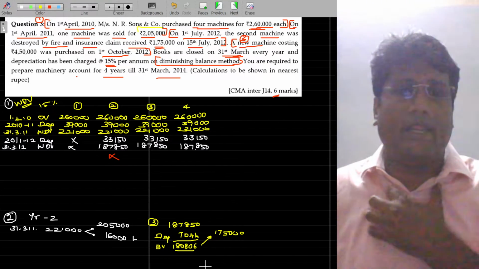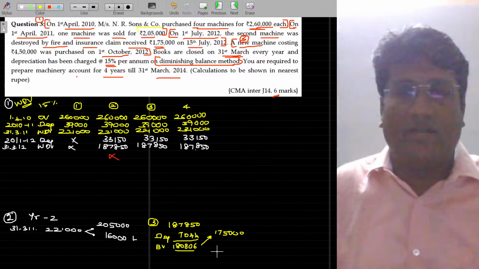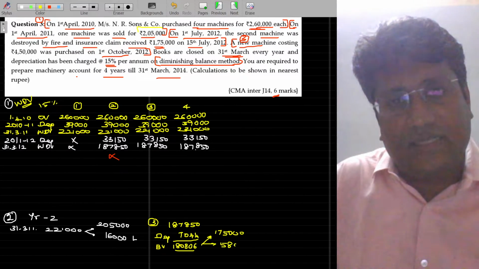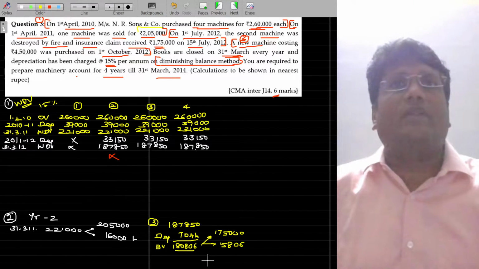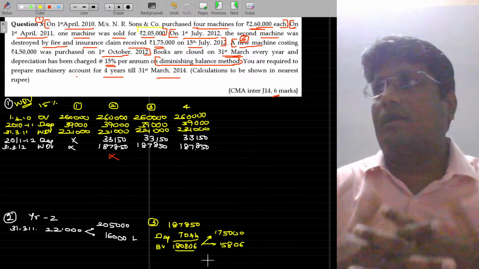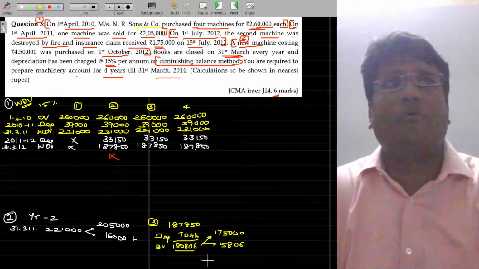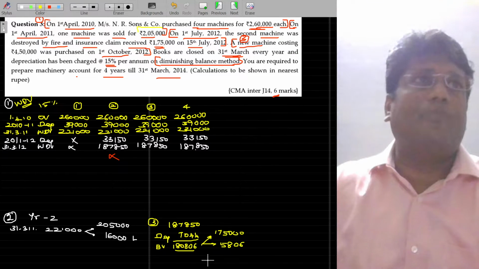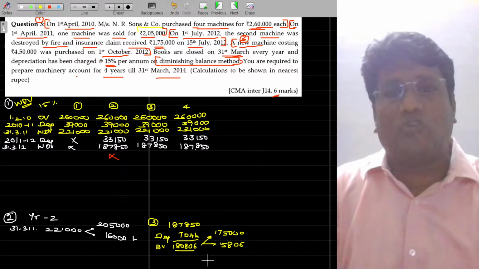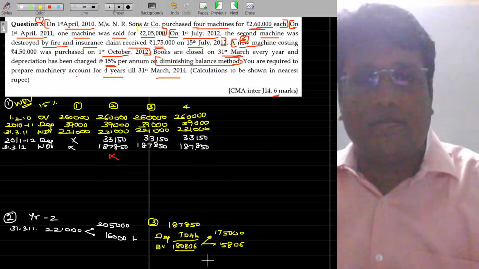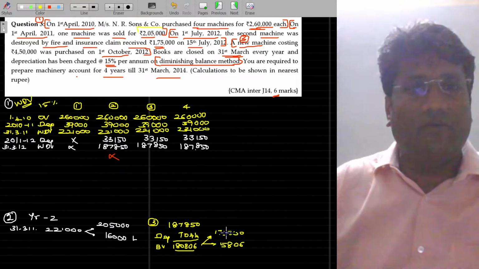We thought it is 1,80,000, but we got only 1,75,000. We lose how much? 5,806 is the loss. Whenever the asset is sold or destroyed, or you want to dispose of it from our books, remove it properly and calculate it separately. So I have removed it and calculated that separately here.